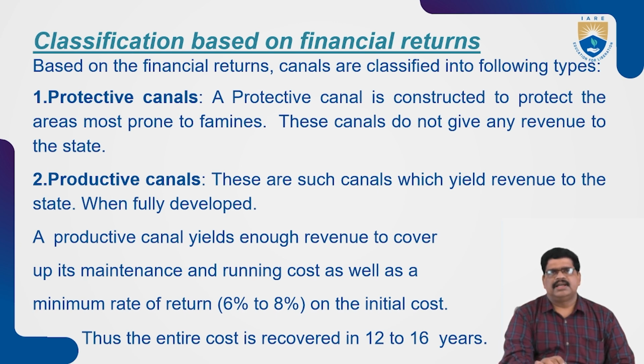In a productive canal, the revenue covers the maintenance and running cost, and the minimum rate is equal to 6 to 8% of the initial cost. The entire cost is recovered in 12 to 16 years. The construction cost will be collected from whatever is supplied as per requirement, and they collect some amount from these persons.